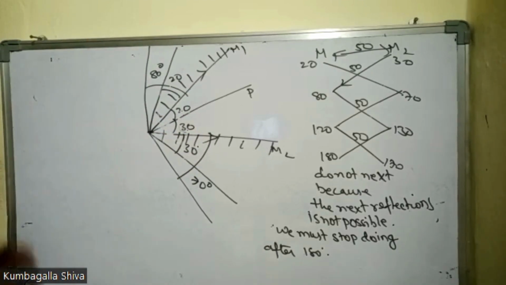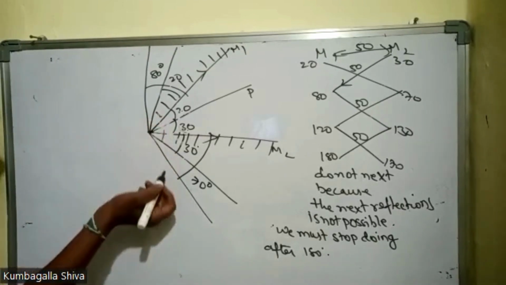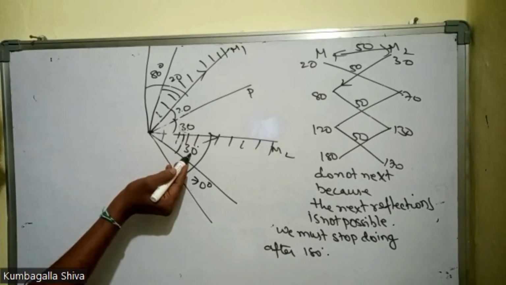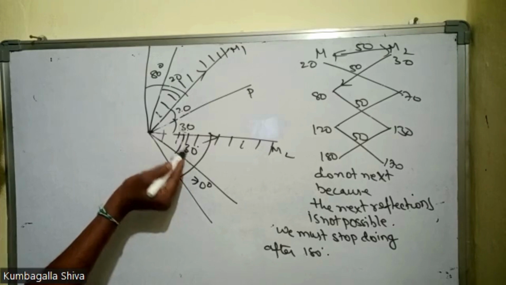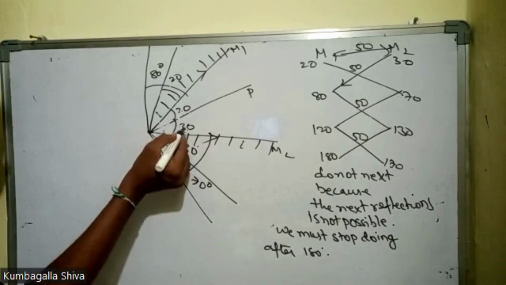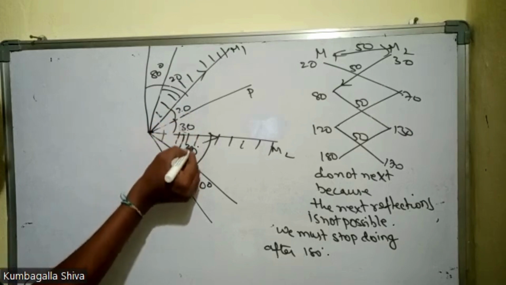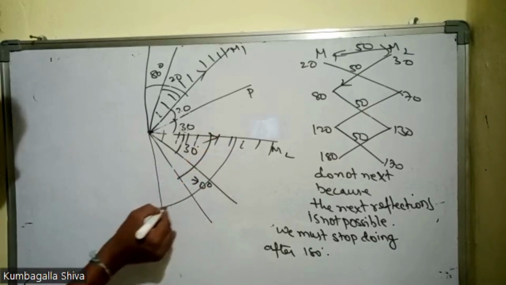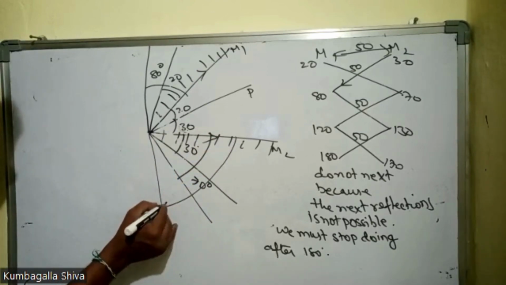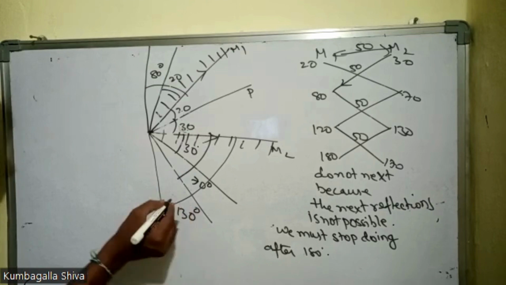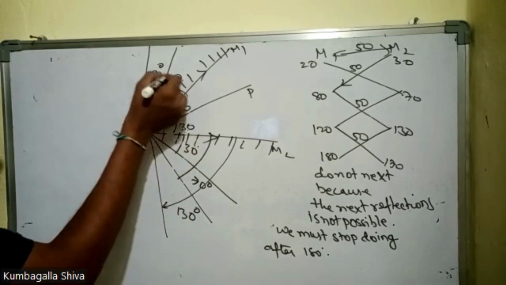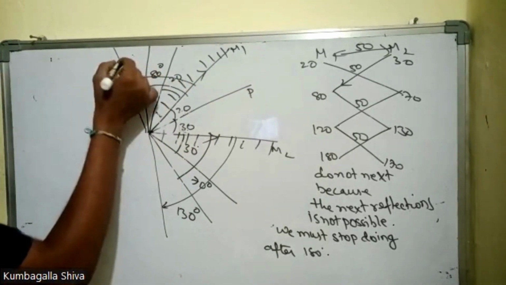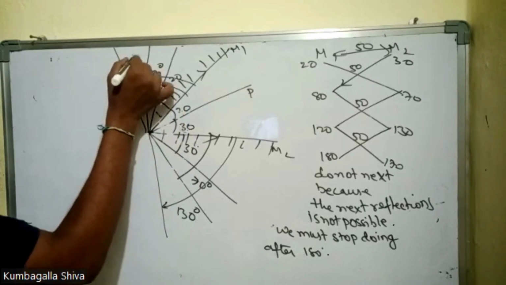Now, when I look at the M1 side, this will be how much? 20, 30, 20, 30. That is 30 plus 30, 60. Right. From the mirror M1, 30 plus 30, 60, 60 plus 70, that is how much I'm getting from the mirror M2. How much? 130. Now this side 20 plus 20, 40, 40 plus 80, this side I'm getting 120 degrees, right?